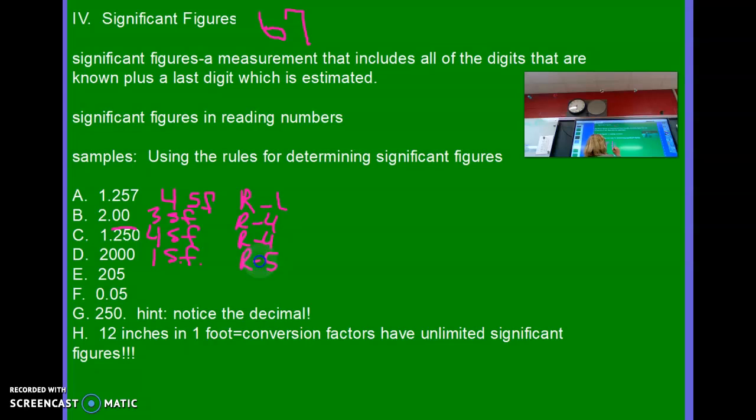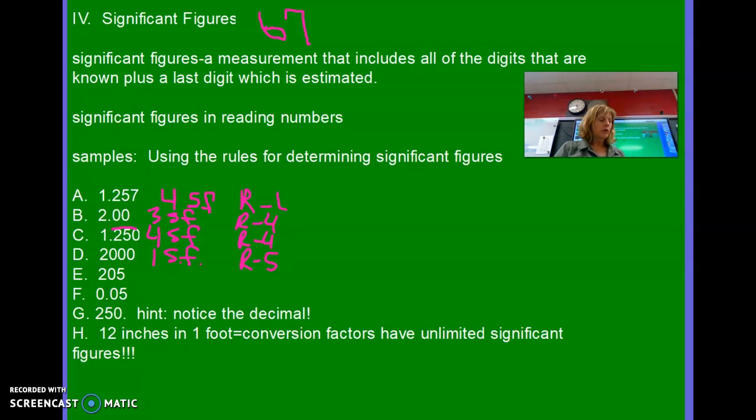All right, let's look at E, the number 205. Pause that for a moment. Find an example on your handy dandy sheet, or sorry, in your book. You don't have the sheet yet, so on page 67 in your book. This looks the most like number 2, which has zeros in the middle of non-zero digits.